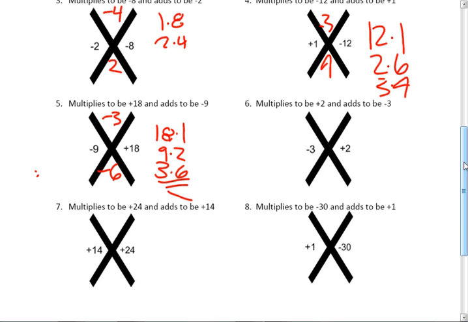No, it does not matter. It does matter where the signs go. So you put in 1 and 2, but I want it to add to be negative 3. So put in your X's, the 1 and the 2. But they're going to add to give you negative 3. So what has to be true about the sign?